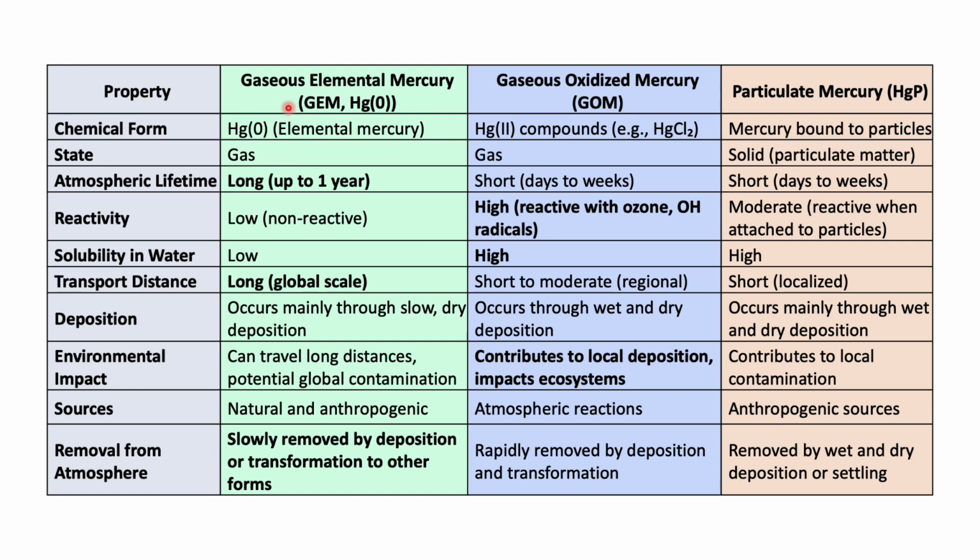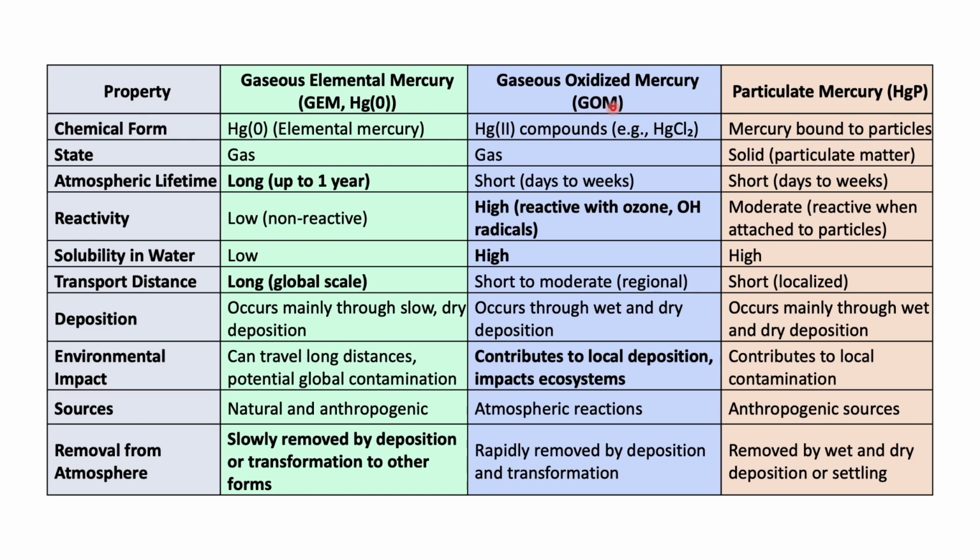Gaseous elemental mercury has a very long lifetime in the air, close to 1 year, and it can be transported over a larger area, that means global scale. Since it remains for a longer time, it is slowly removed by deposition or transformation to other forms. That is the reason gaseous elemental mercury exists in the air for a longer time.